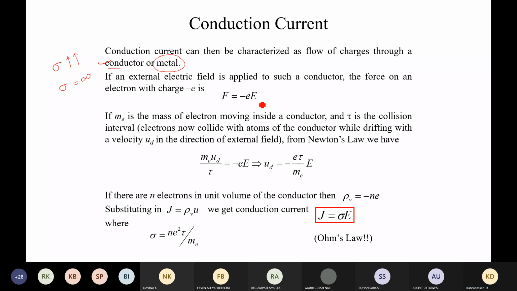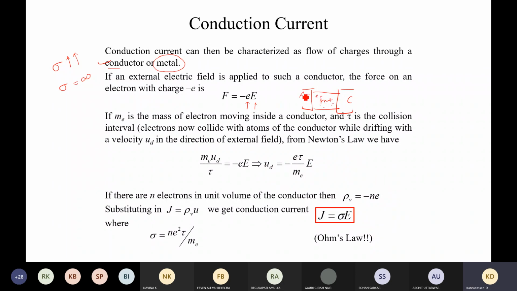So the force which is acting on a particular electron can easily be described as, the force is nothing but Q into the electric field. Okay, so this is the electric field which is available inside the material, the conductor. Let's say we have this anode and cathode. This is a metal and a huge amount of electrons are available.